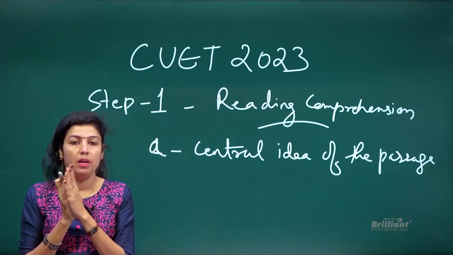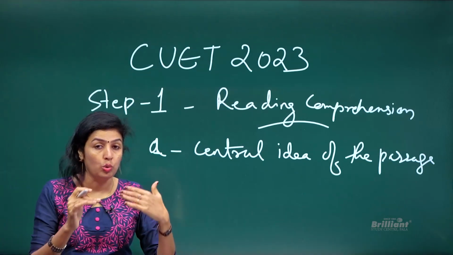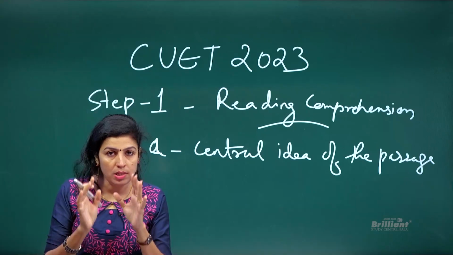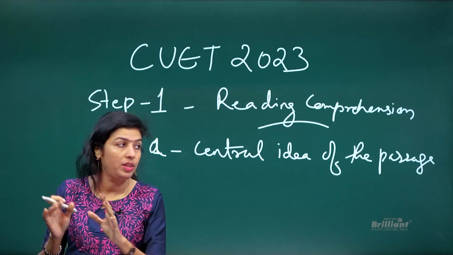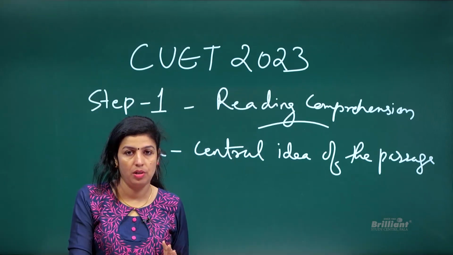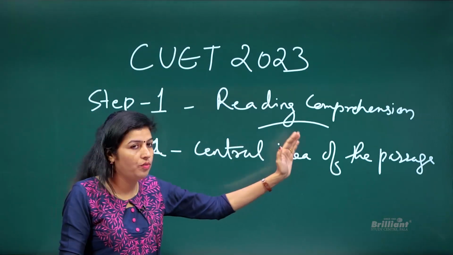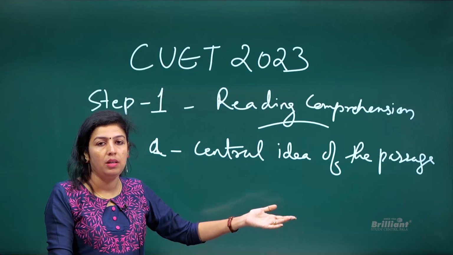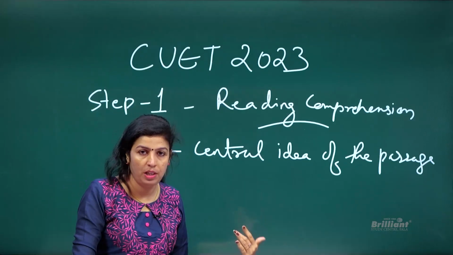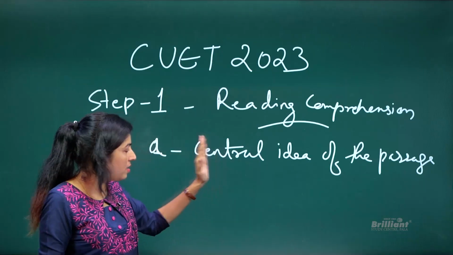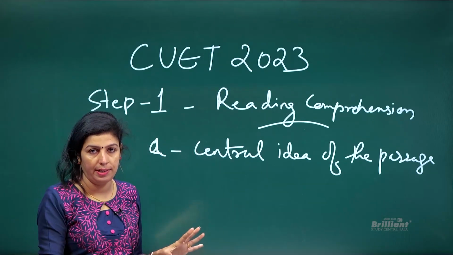Sometimes you will be asked to find out a suitable title from the given options, and those titles will be connected with the central idea of the passage. So you need to know the central idea of the passage. Only then you will be able to solve most of the questions. So that's the first thing, understand the central idea.